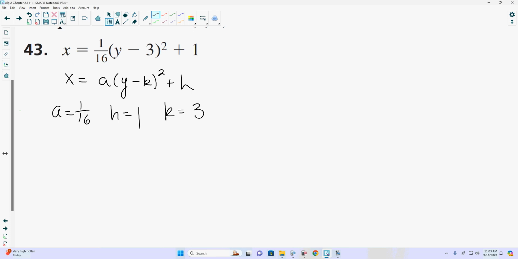So again, these here, especially going from one to the other, it's still sometimes good to just write the general form so we're matching it up. Because again, it is very easy to want to say 3 is H, 1 is K, because we're used to it that way. But because x equals k is now inside, h is now outside. Let's go on and find P. P is equal to 1 over 4A.